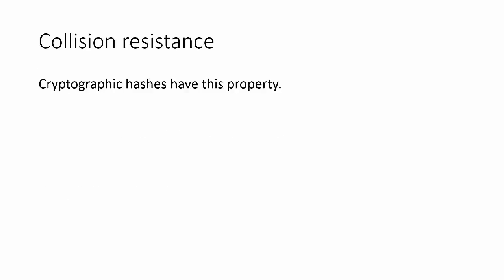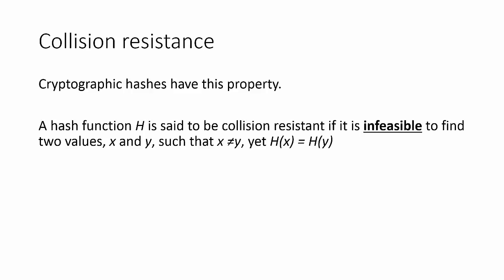Crypto hashes have a property we call collision resistance. This means it is virtually impossible, or as it says here, infeasible, to find 2 inputs that will hash to the same output. Again, this is the input space and this is the output space of the hash function.